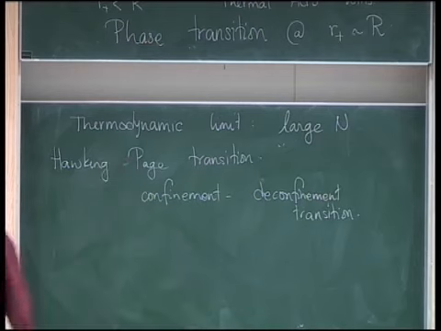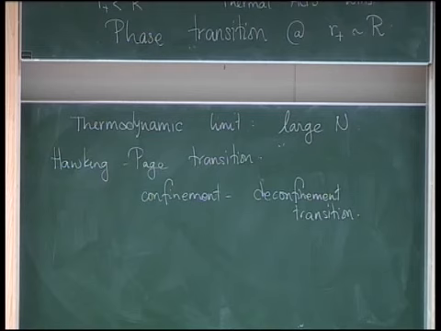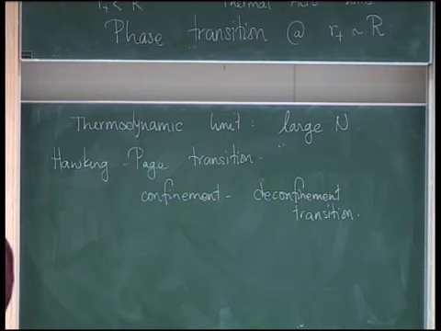And now, when was it discovered, the Hawking-Page transition? It was way back in the 80s, I believe about '83 or '84. What was the interpretation of this phase transition? The volume was finite and there was no idea that the field theory has a large n limit.